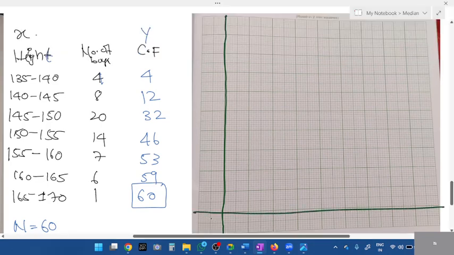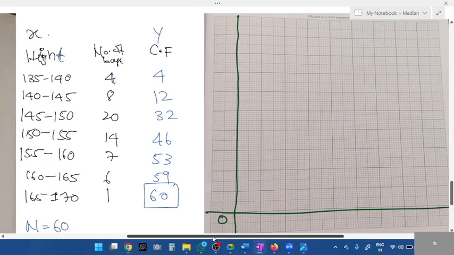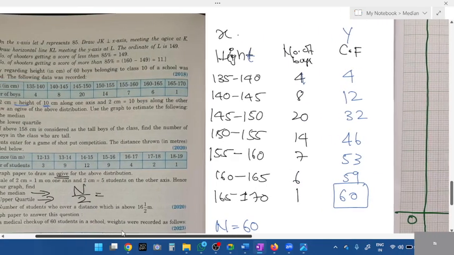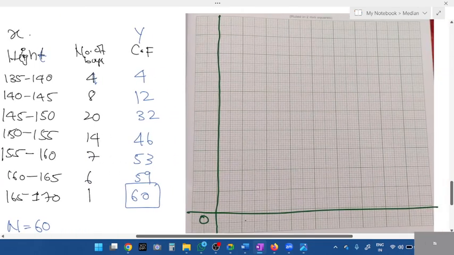Start with 0. What's the first value we have? Tell me. 135. Next. One. Right.